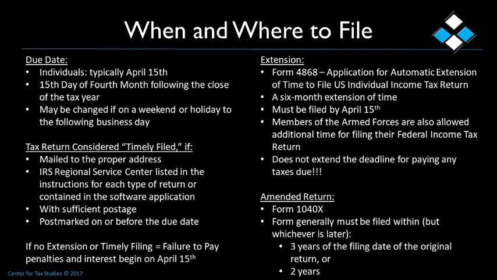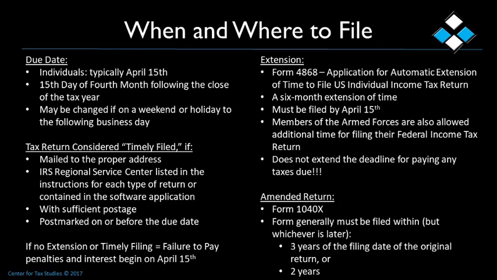Now, there is an extension. You can file Form 4868, which is the application for automatic extension of time to file the U.S. individual income tax return. It's a 6-month extension of time, and this Form 4868 must be filed by April 15th.